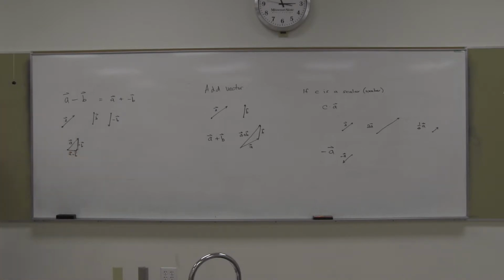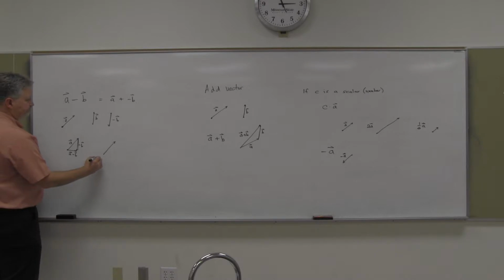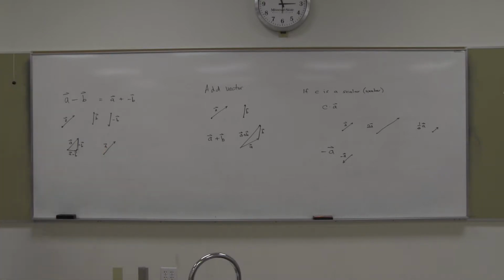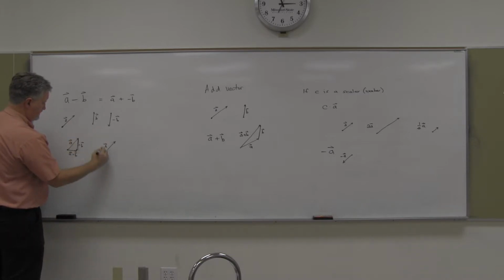However, what we'll note is that if I just did A and then put the initial point of B with that, what I wind up with there is just B. So I put the two initial points together.